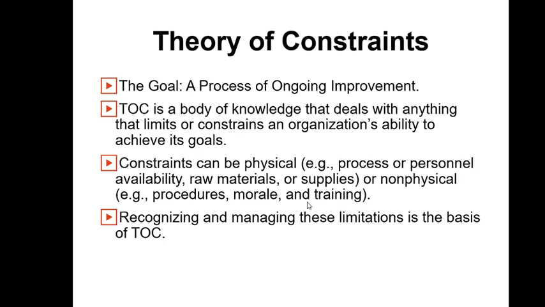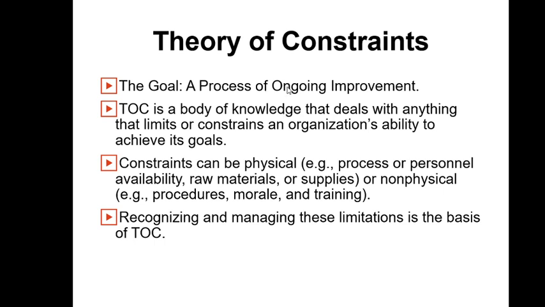Now, theory of constraints. What do we mean by theory of constraints? The goal of this theory is ongoing improvement of your process, in your operations, the process that you are using in producing, in servicing, or in manufacturing, whatever.